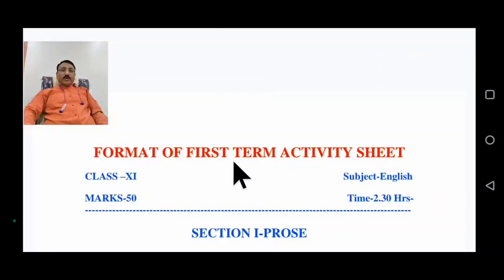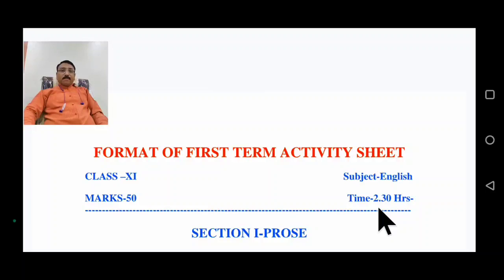So let us look at the page of the format of the first term activity sheet. This activity sheet is made only for class 11th in the subject of English. This activity sheet carries 50 marks and the time for attempting all the activities is 2.5 hours.